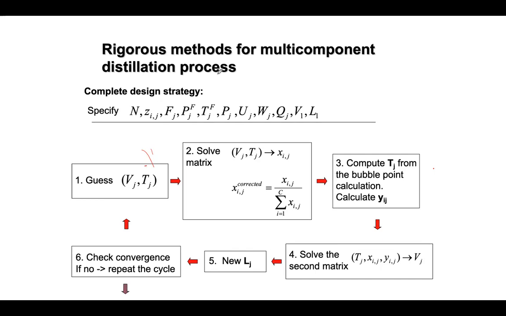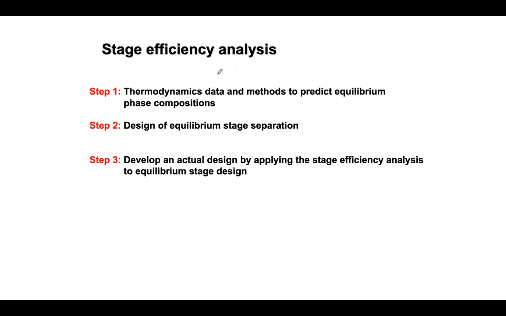Okay, so once you get all the thermodynamics data and the method to predict the equilibrium phase composition, then we design the equilibrium stage separation, and after that we can apply the stage efficiency analysis by adding the actual design, and then it's done.